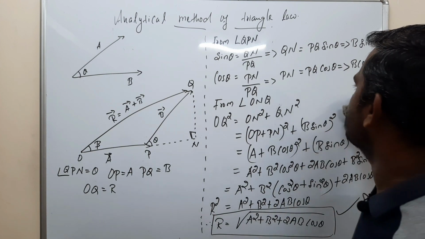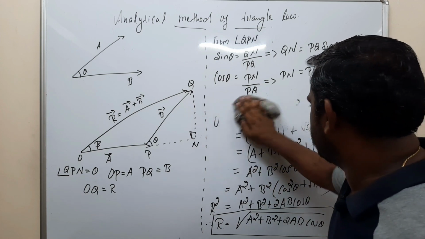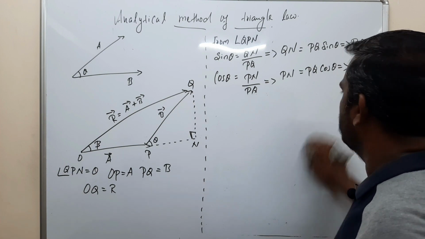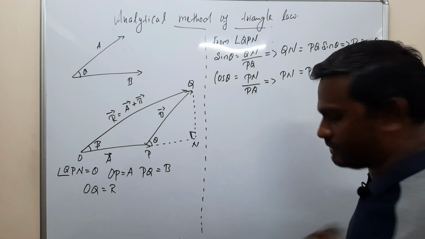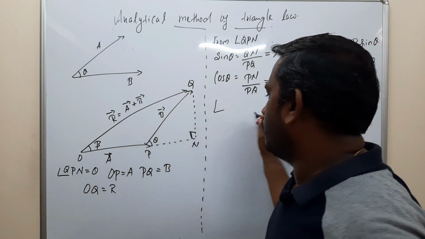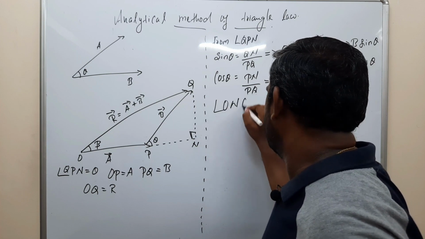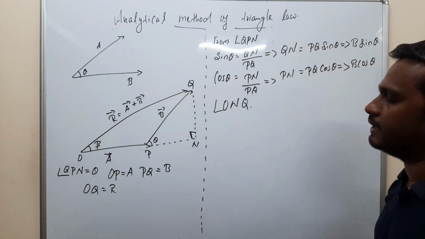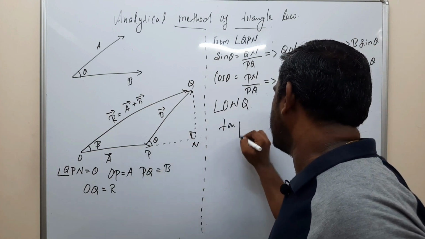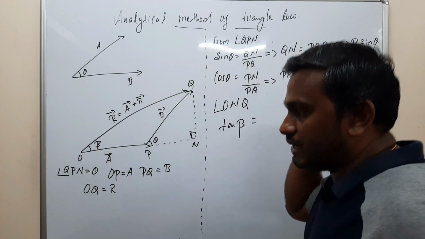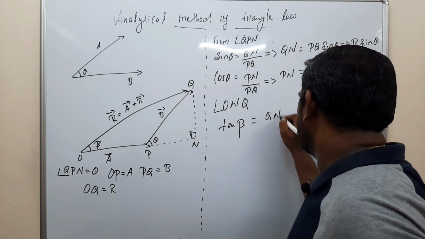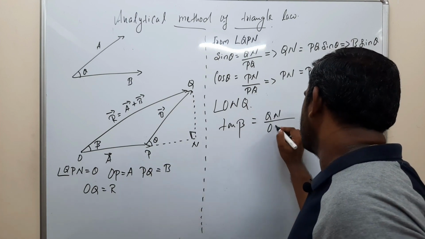Next we have to find the direction of the resultant also. So I am again considering the right angle triangle ONQ. From this I am writing tan beta is equal to the opposite side, that is QN, by the adjacent side, that is ON.